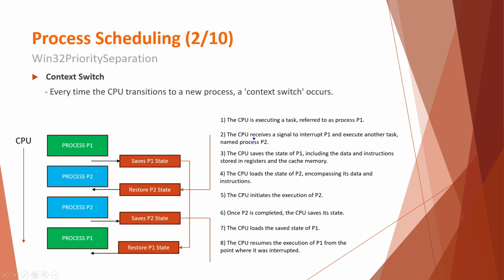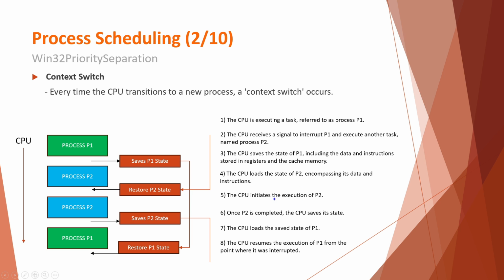The CPU eventually receives a signal to interrupt process 1 and execute another task, process 2. For that reason, the CPU will save the state of process 1, the job it has done until now, including the data and instructions stored in registers and the cache memory, and the CPU will load the state of process 2, the new process it received the signal for, encompassing its data and instructions.